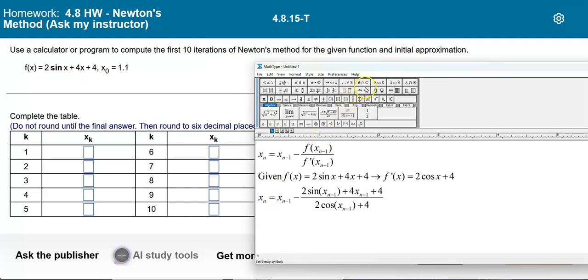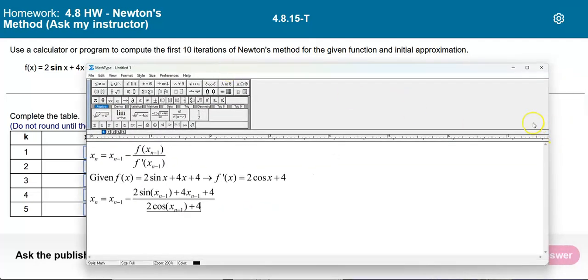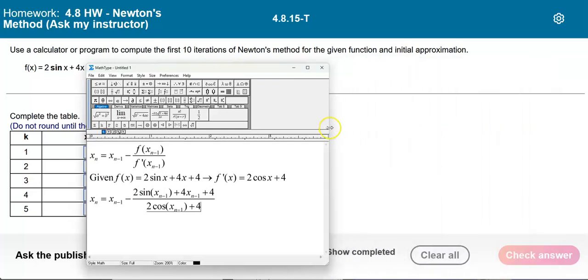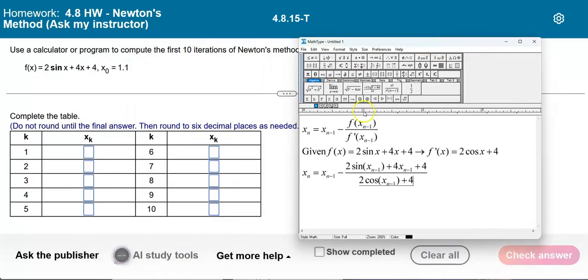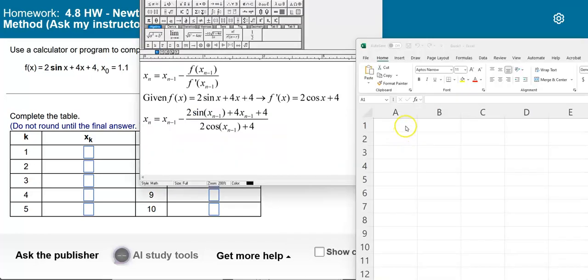All right, so we are going to use Excel to run all the calculations because Excel will help us save a lot of time. I'll keep using the letter n instead of k. I'll begin with 0, 1, 2, and so on, all the way to 10, so you can drag this all the way down to 10.